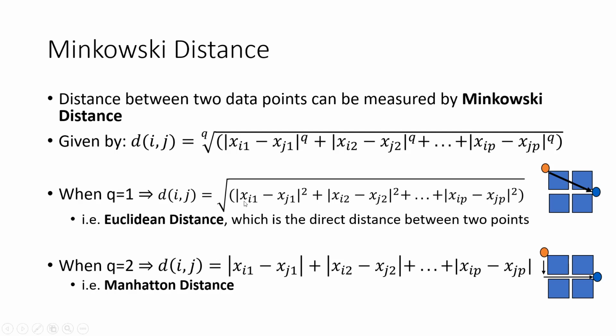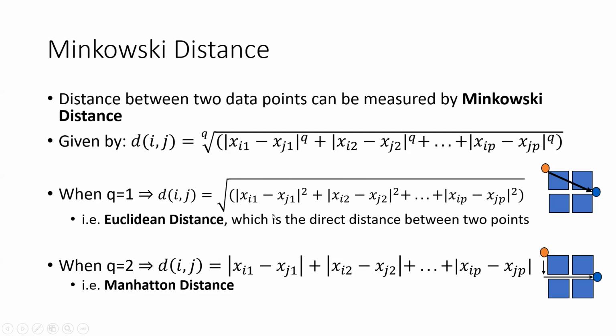You may think that is a bit complicated, but this is a generic form of the Euclidean distance, right? In Euclidean distance, what we do is we take the first two dimensions, then we take the square of the differences, and we take the square root of the sum of all these dimensions, right?